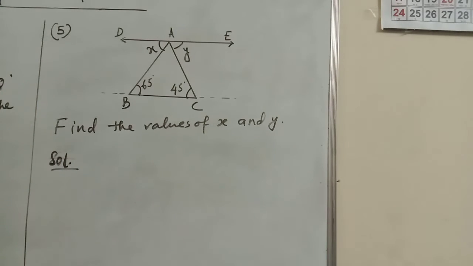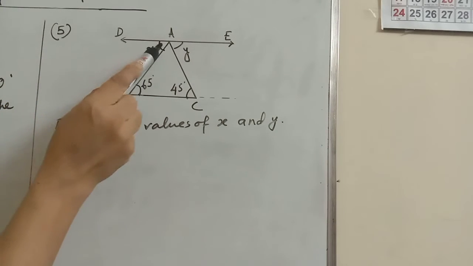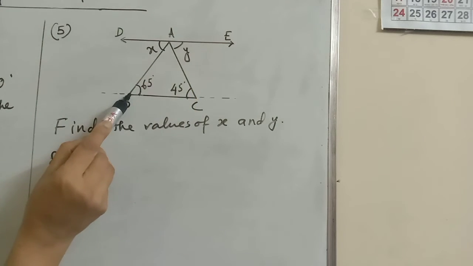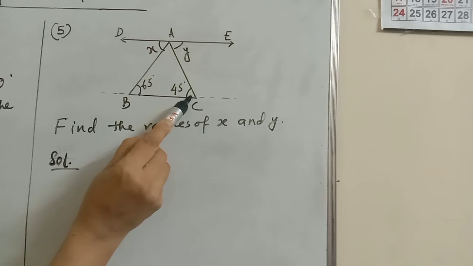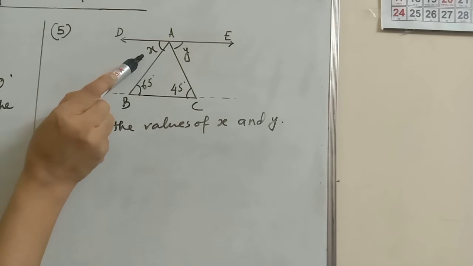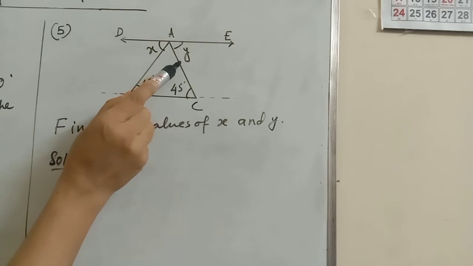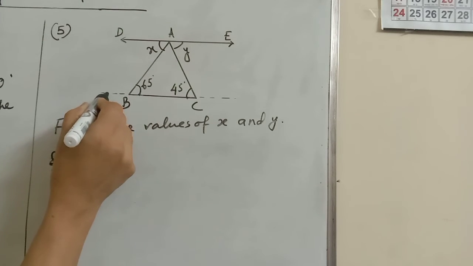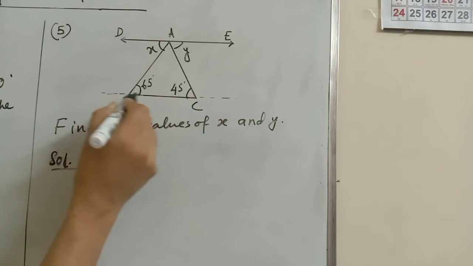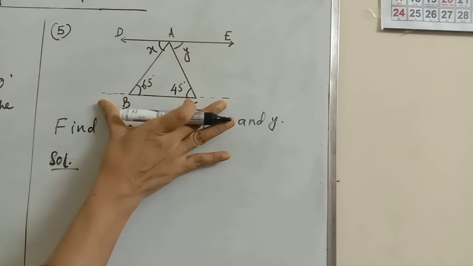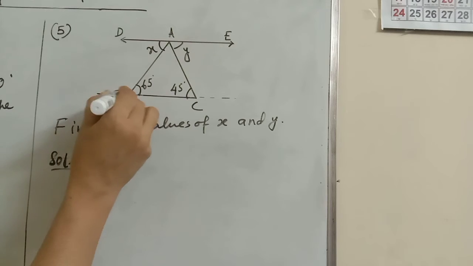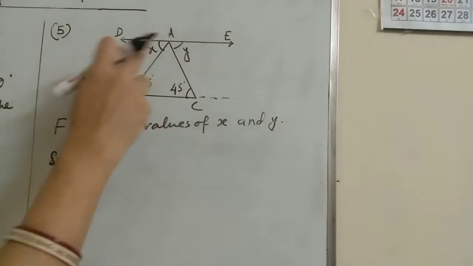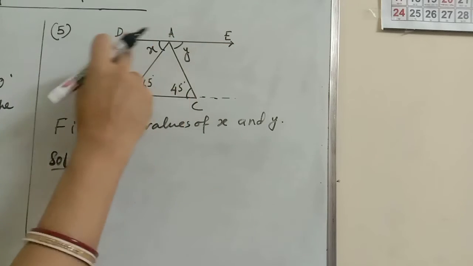Question number 5. In this question, see the diagram. It is given that DAE is a line and angle B is equal to 65 degree, angle C 45 degree. You have to find the value of unknown angles, that is X and Y. See, if I produce this imaginary BC on both sides with a dotted line, we can see that DAE is a line.